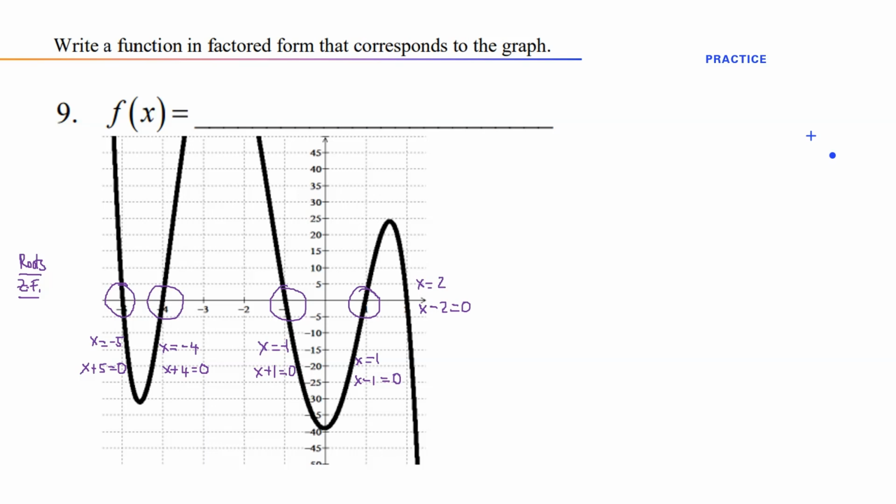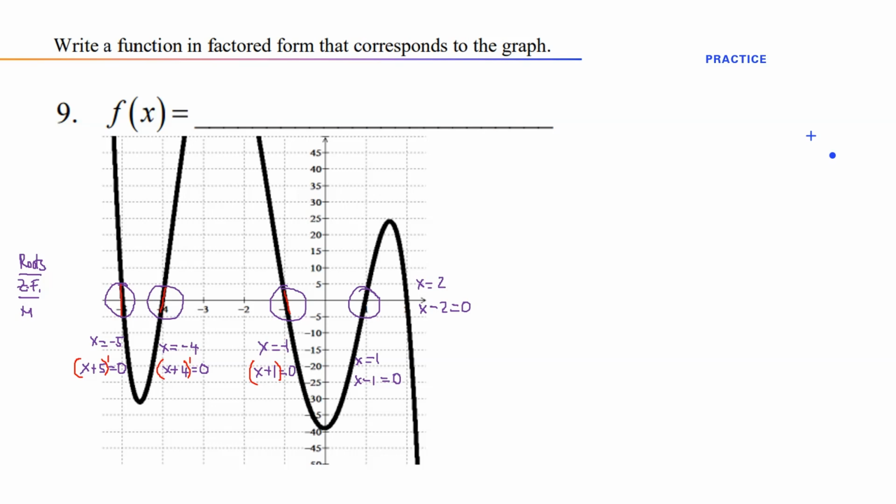And now we find the multiplicity. For the first root, we have a straight cross, so it will be multiplicity of 1. For the second one, it's the same thing, right? It's a cross, so multiplicity of 1.